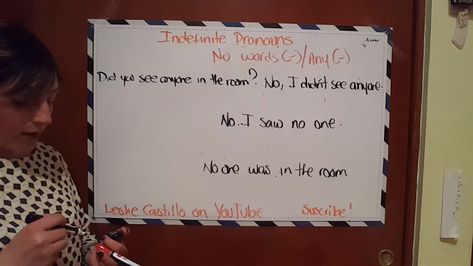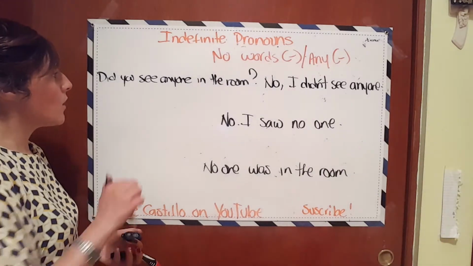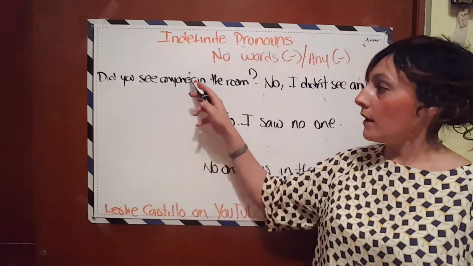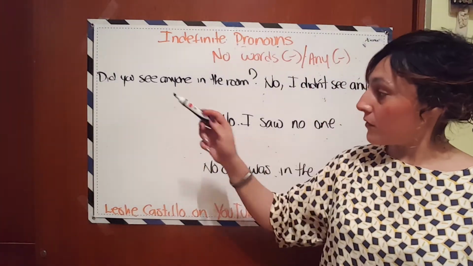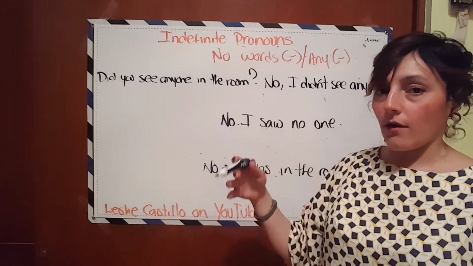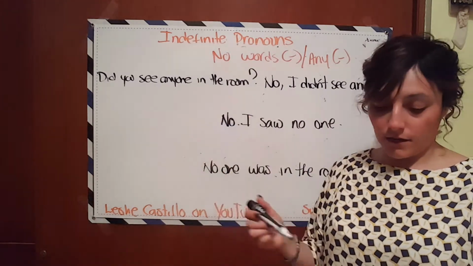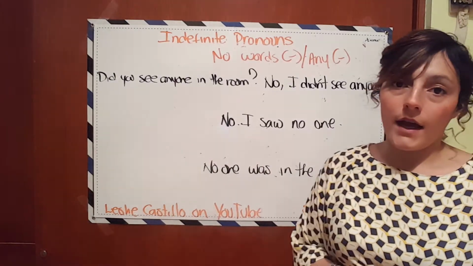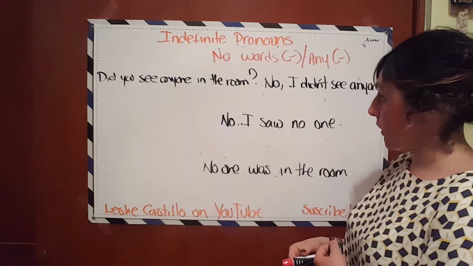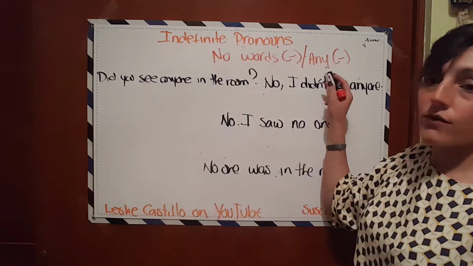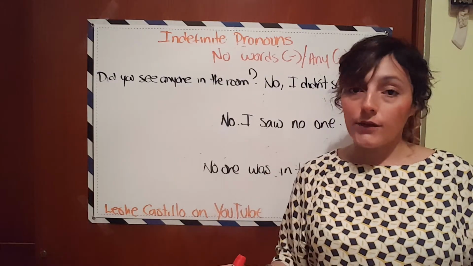So remember that when we are asking a question, we are going to use any words. If it's about a person, you say anyone. If it's about a place, anywhere. Or if it's about an object, anything. Then, in the answer, we have a negative answer. So, for negative answers, we can also use any to indicate zero.